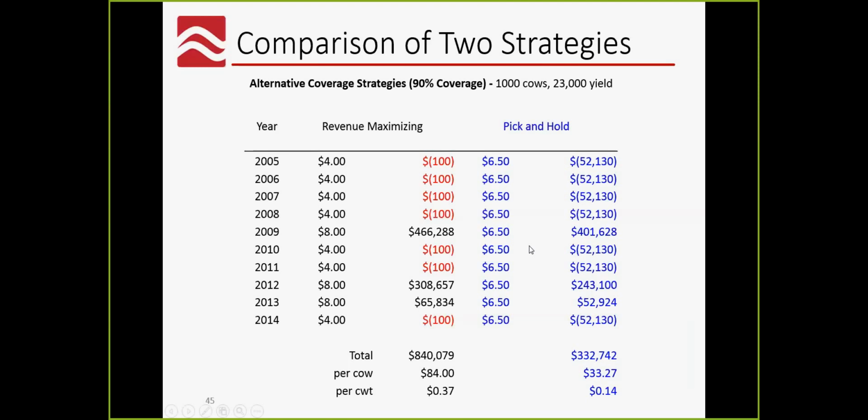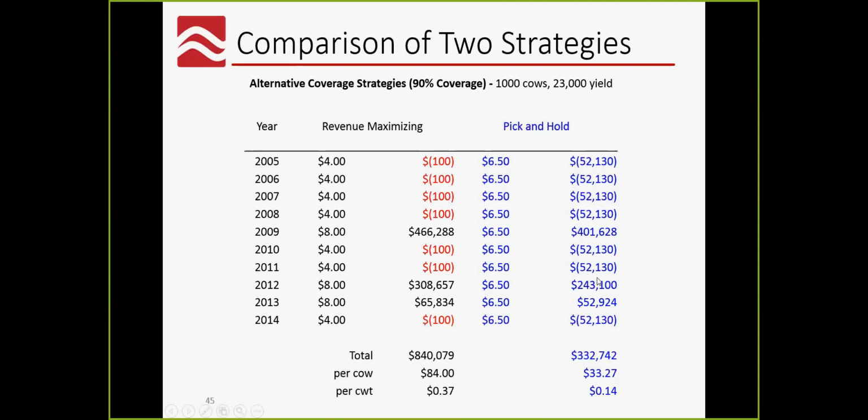And remember, Roger pointed out earlier that $6.50 to $7 was the point where the premiums took a jump. So a lot of people look at $6.50 as potentially a sweet spot. If you just did that each year, then this farm would have paid a lot of premiums each year, $52,000. But remember, it's a big herd, 1,000 cows, and we're covering it at 90%.